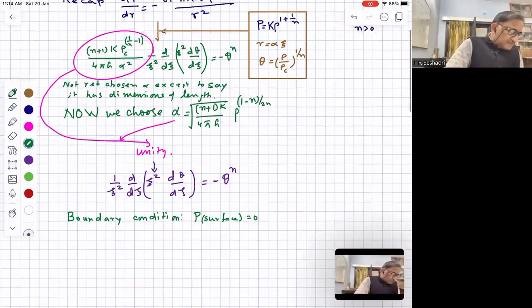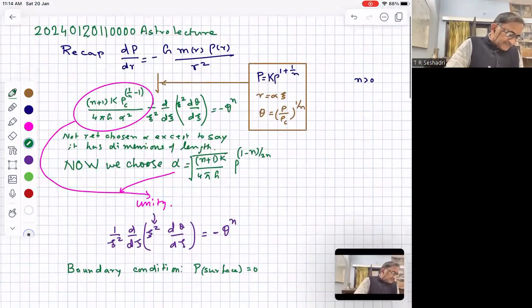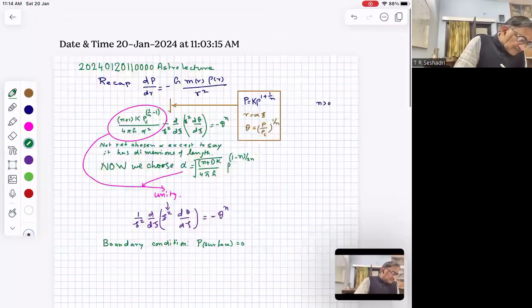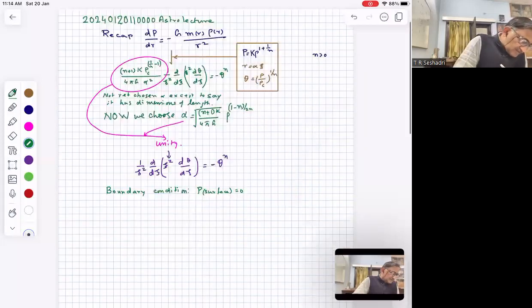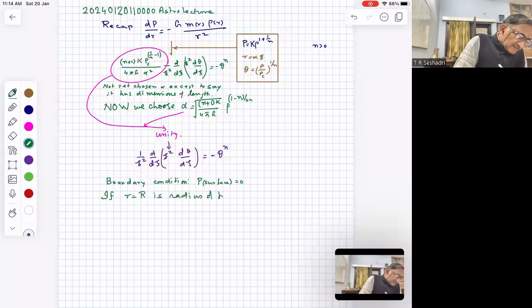And now we will convert this boundary condition into a boundary condition in terms of theta and xi. Okay. So now suppose R is the radius of the system.